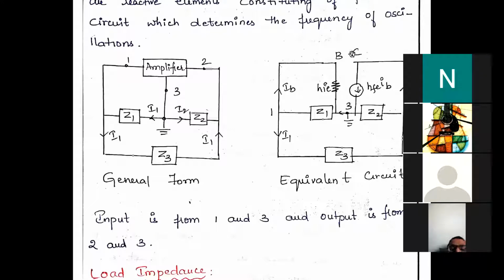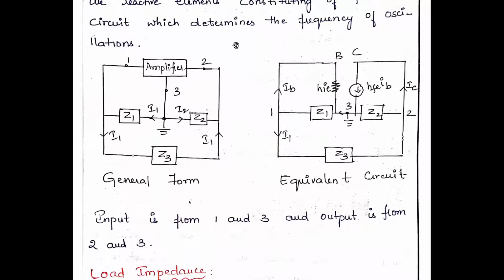Now, first, what we have done: we have considered the general form of an LC oscillator circuit. Then we have replaced the amplifier block with the approximate h parameter model of the transistor.